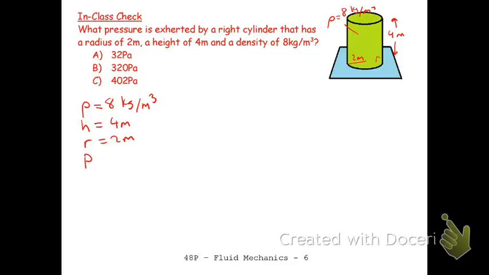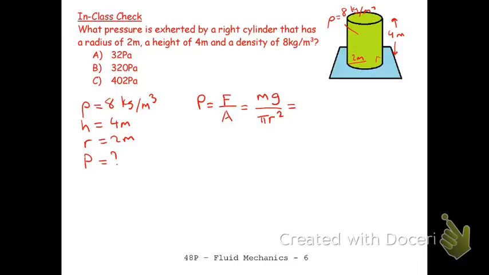So my pressure is equal to force per unit area. My force will be my mass times G, and my area will be pi r squared. But you know what? I'm not given the mass, am I?